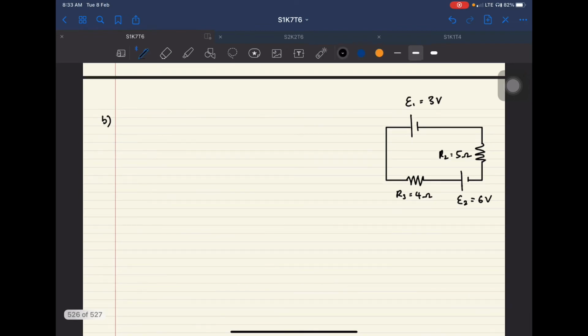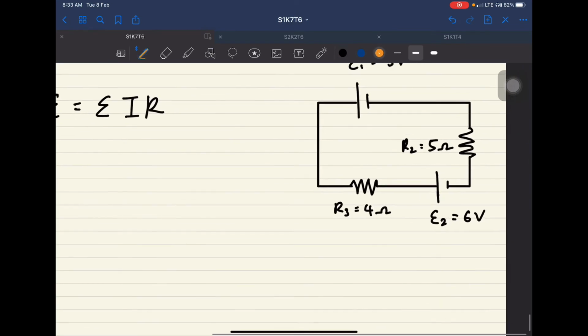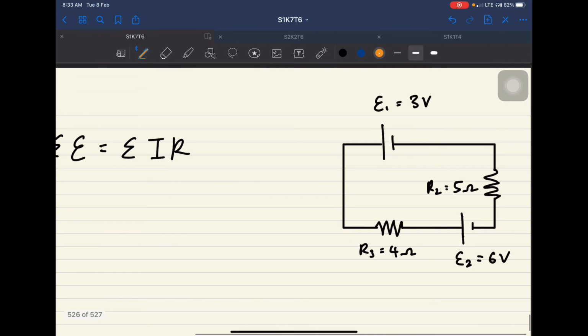Again, you basically want to apply the second rule. First you have to determine the direction of loop and then the current direction. For the loop direction, again you follow the one with the biggest EMF, which is 6.